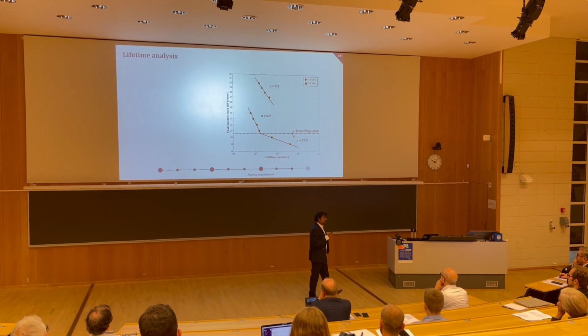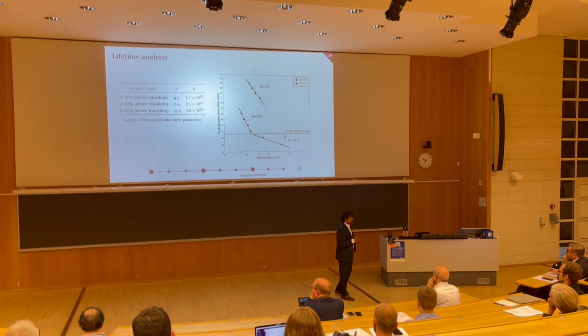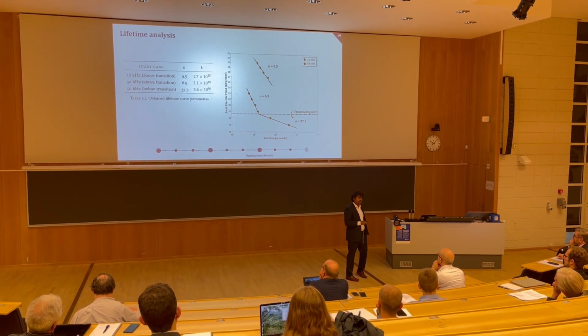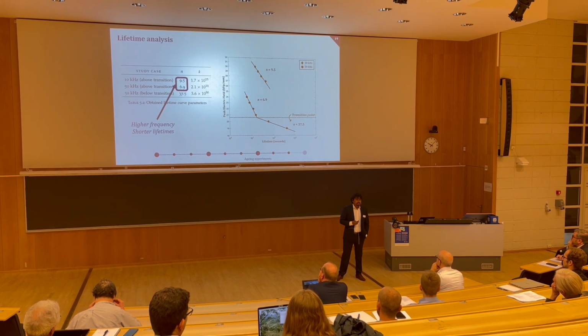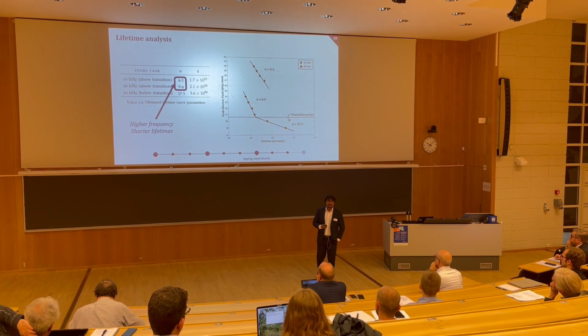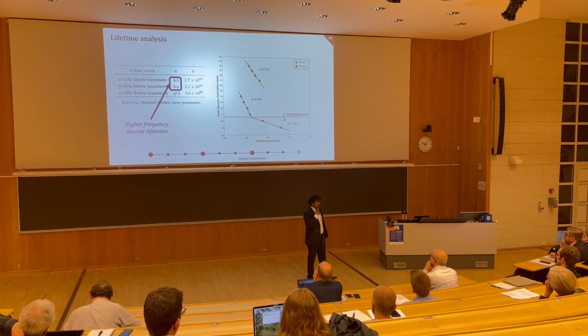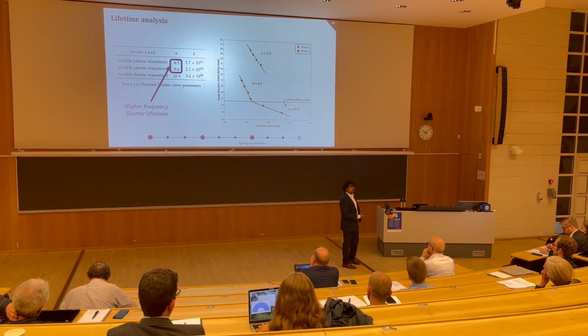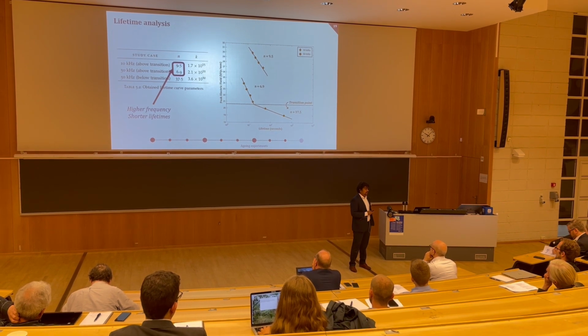The first thing that we see is these lifetime curve parameters. We see that at 50 kilohertz, we have shorter lifetimes. So the higher frequency severely degrades lifetime of oil vapor insulation.